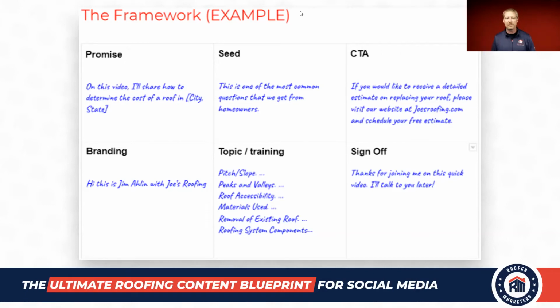We're going to talk about the pitch and the slope, the peaks and the valleys, the roof accessories and accessibility, the materials that you use, whether you need to replace the decking or not, and the components of the roofing system, like these pipe boots. That should give you a range of $8,000 to $15,000 depending on all of these things.